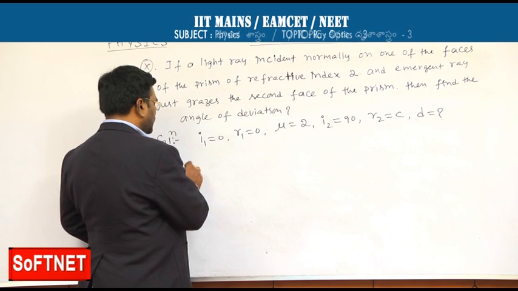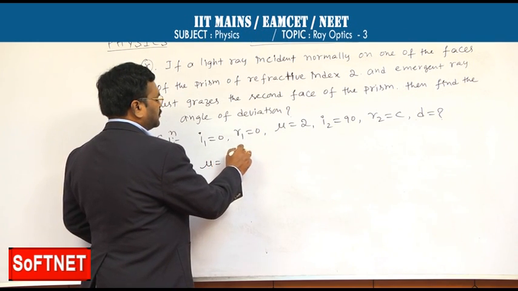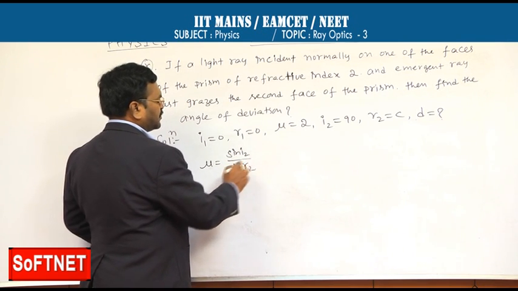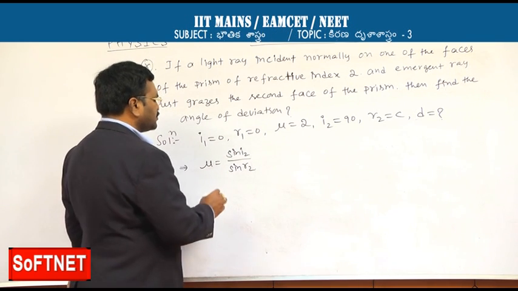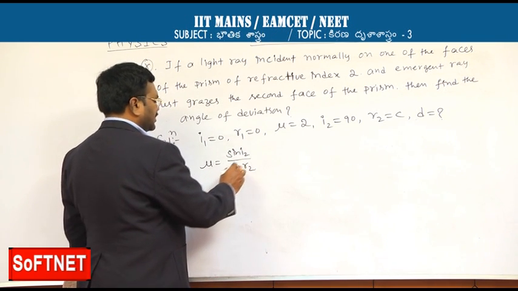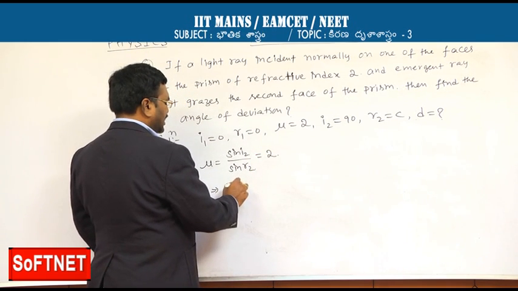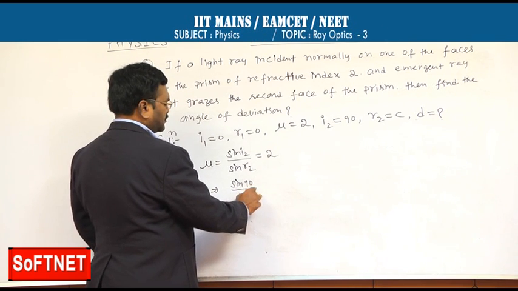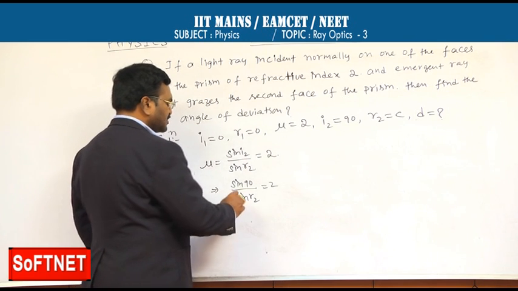First of all, mu is equal to sin I2 by sin R2. Here the mu value is 2. Now from this, sin I2, which is sin 90 degrees, by sin R2 is equal to 2.